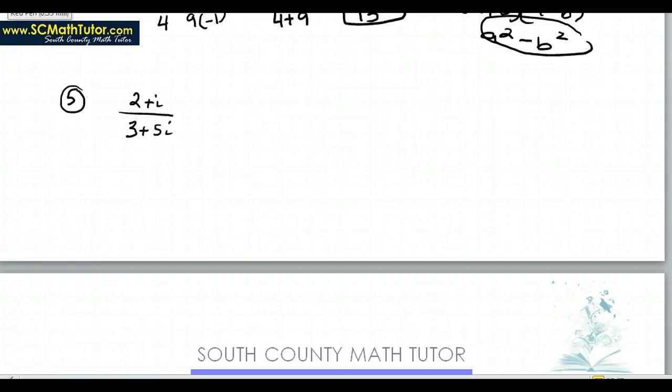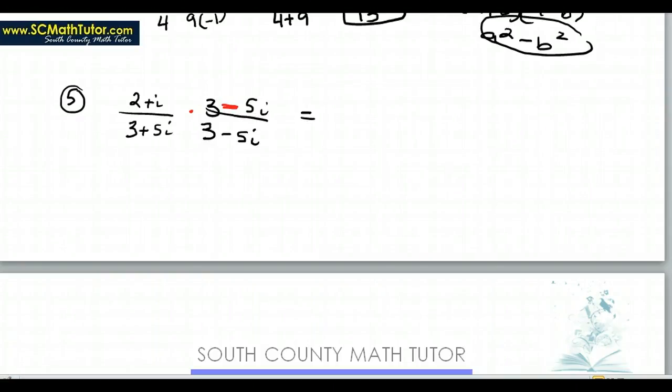Step 1, multiply by the conjugate of the bottom. The conjugate of the bottom would be 3 minus 5i. So 3 minus 5i on the top and the bottom, because that is the form of 1.